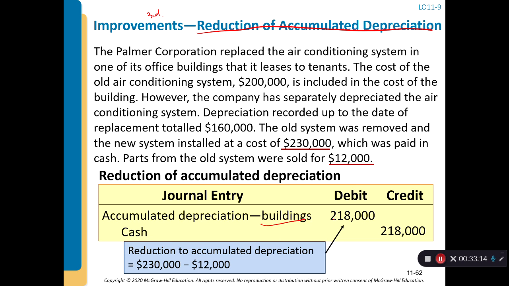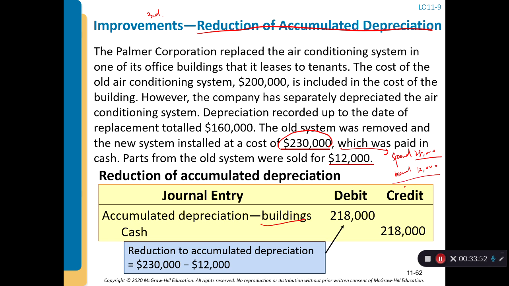The reason is that the book value is the same as the capitalization method, but the cost and the accumulated depreciation might differ, because accumulated depreciation should only be debited $218,000. You spent $230,000 to add a new building, but you also received $12,000.